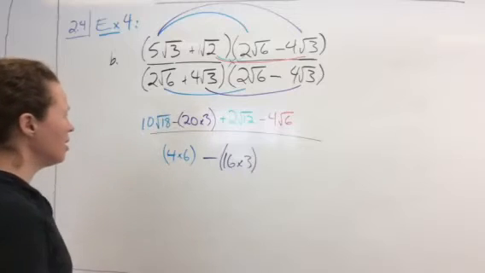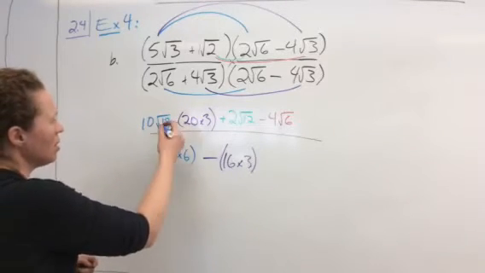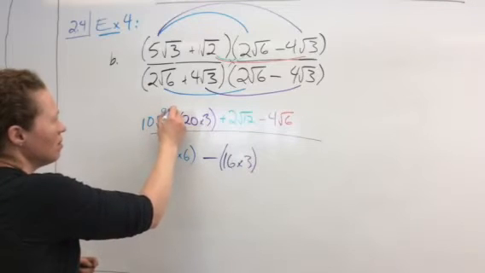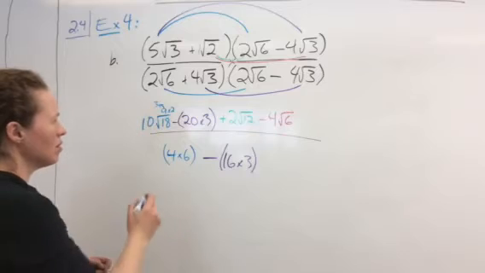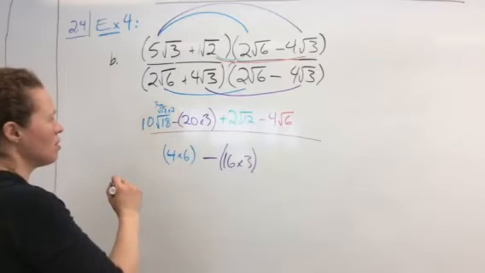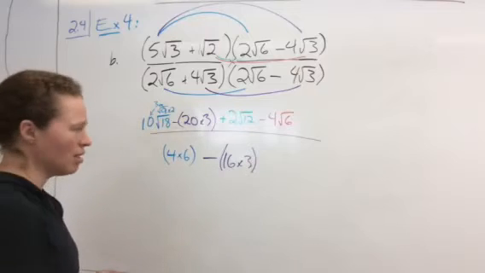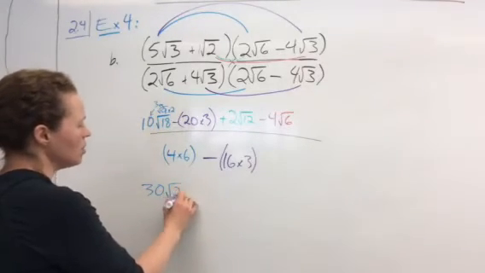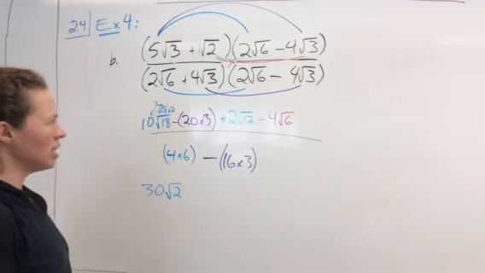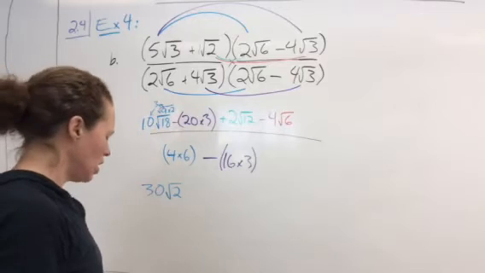Starting with 10 root 18, I know that 18 is 9 times 2, and I know that 9 can be square rooted into 3. So the 3 is going to have to be multiplied by the 10, which is going to give me 30 on the outside, but only root 2 left over that I didn't solve. I'll just extend that line a little bit.